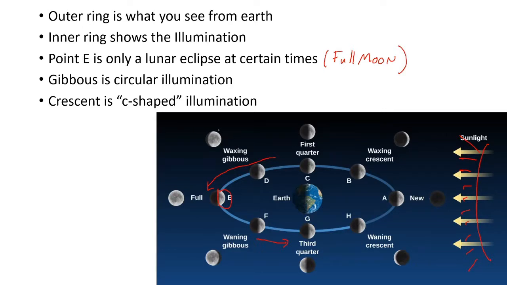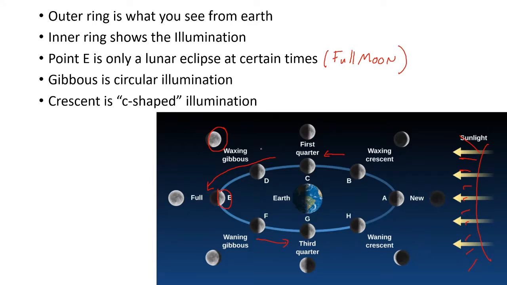Now the gibbous is the circular illumination. And waxing means it's increasing. And so when something wanes, it means it's decreasing. So as it's coming in this direction, okay, let's start here. See, this is the half moon at point C. We see half of it.